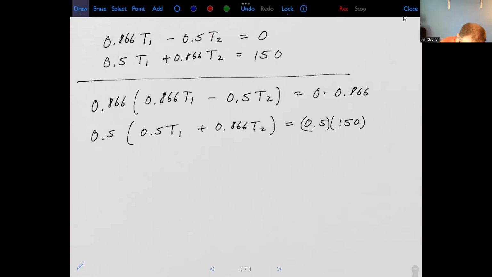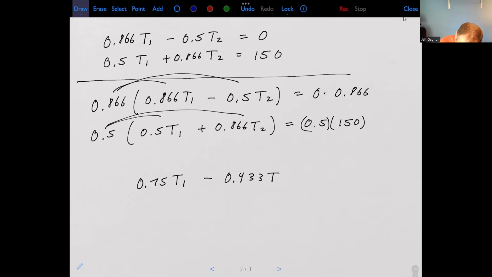Okay, so if you do this, I'm going to distribute these values in now. 0.866 times 0.866 is 0.75 T1 minus, and 0.866 times negative 0.5 gives negative 0.433 T2.